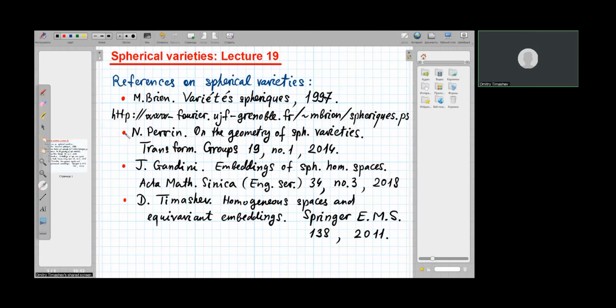They are more of survey type, not like textbooks, but rather surveys with fewer proofs, some proofs omitted, more references given, and so on. The first one is a survey paper by Nicolas Perrin, published in Transformation Groups in 2014. And the third one is by Jacopo Gandini.